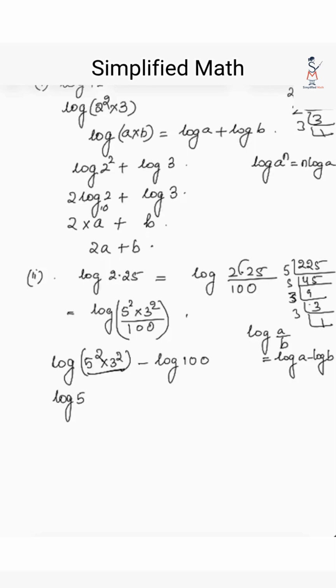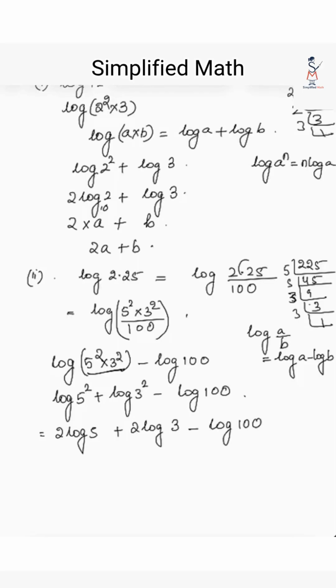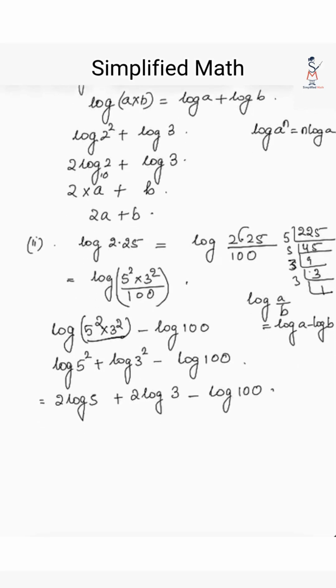So this will become log 5 square plus log 3 square minus log 100. Fine. So what is log 5 square? Can be written as 2 log 5 plus 2 log 3, clear, minus log 100.